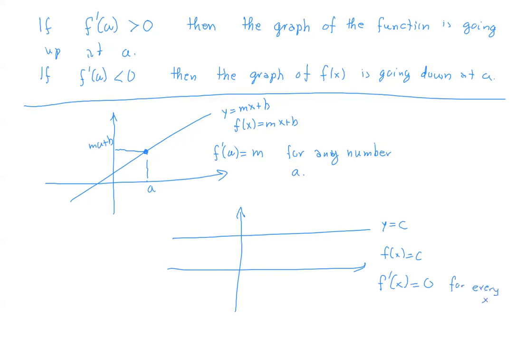So that is a simple way of looking at the derivative of a function. The derivative of a function at a given number is the slope of the tangent to the graph at the given point, the point that corresponds to that number.